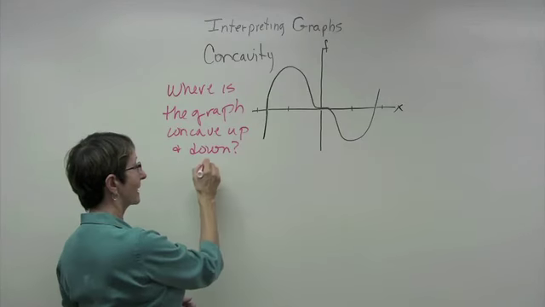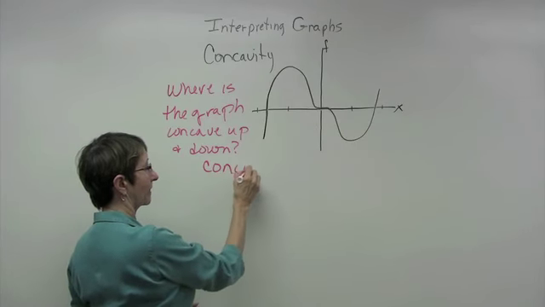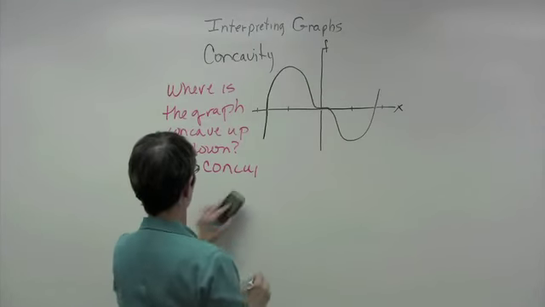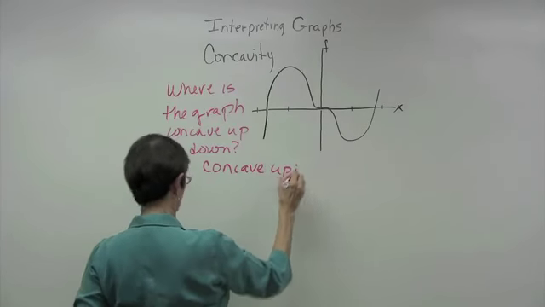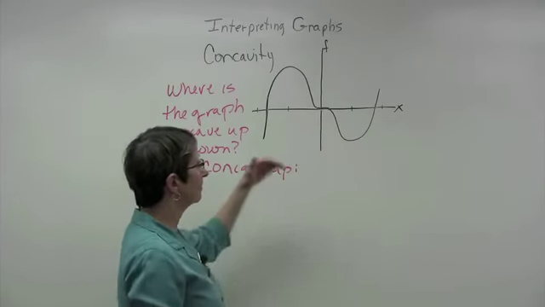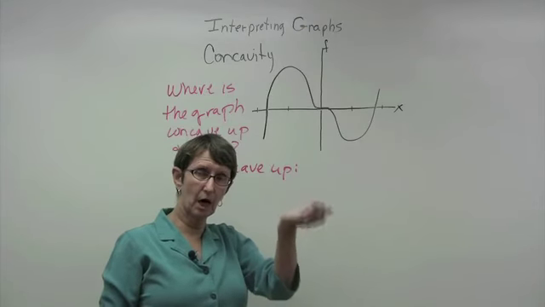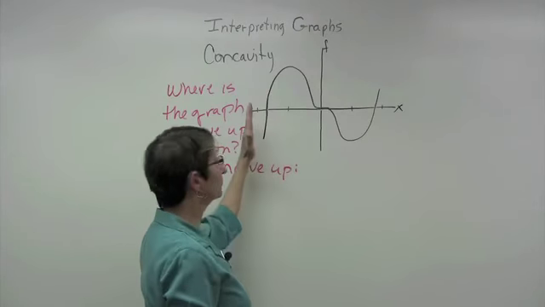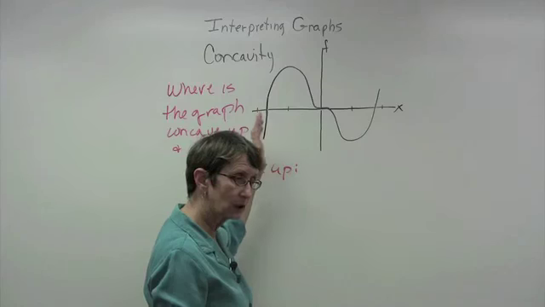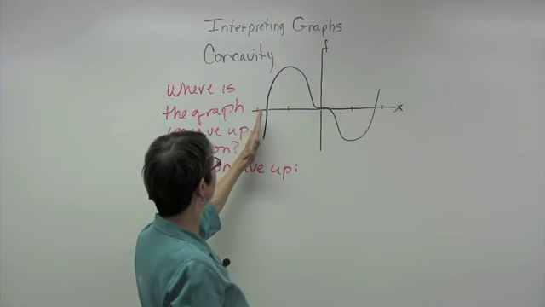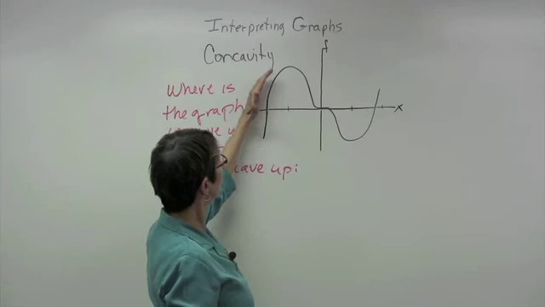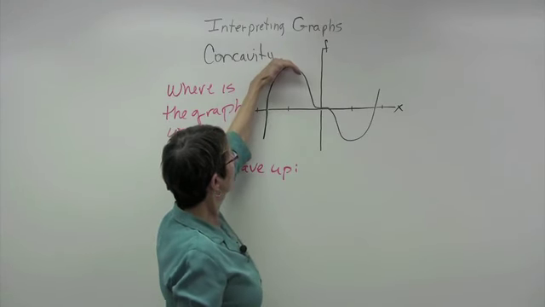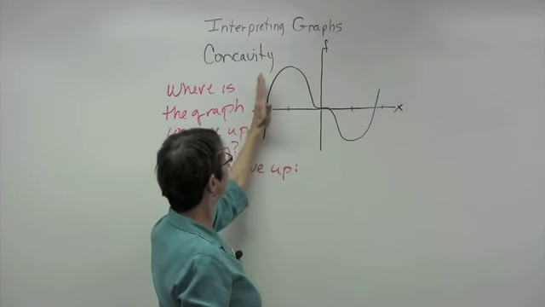So let's first decide where the graph is concave up. Concave up means it bends up, it cups up. Well, as I move from left to right, if I look at the slopes of the tangent lines here, they are cupping down.